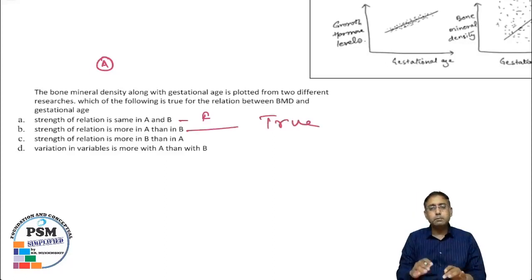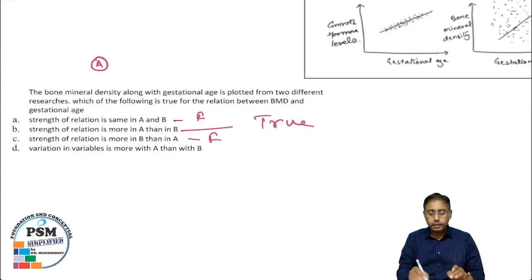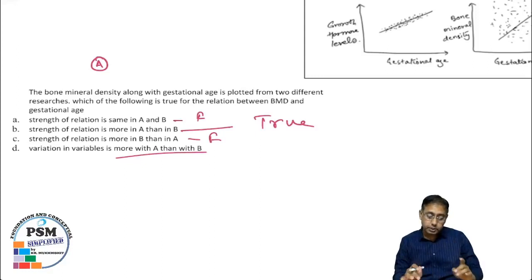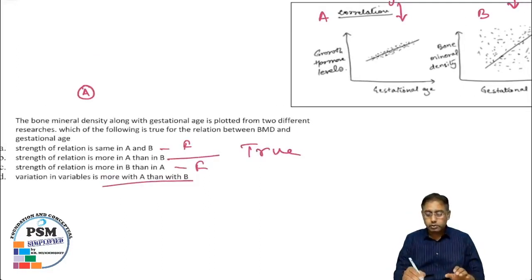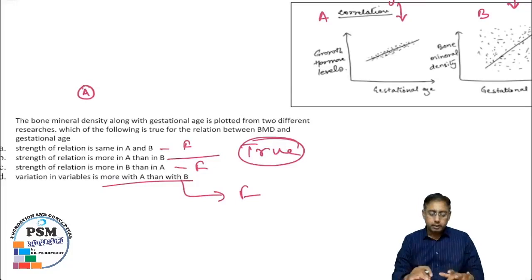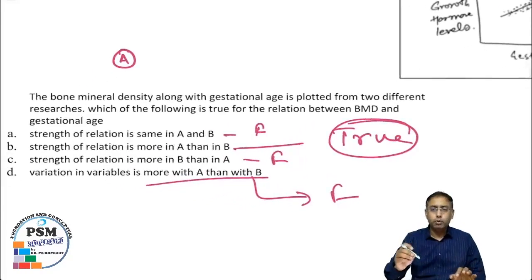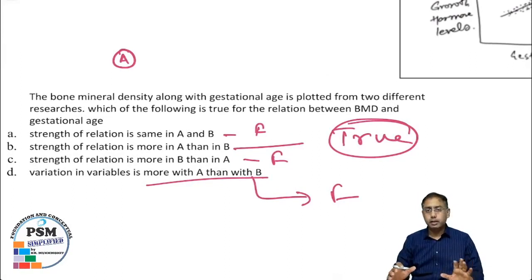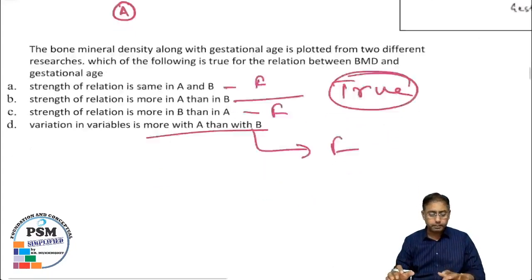Strength of relation is more in B. Of course, this is false. Variation in variables is more with A. No, it was less with A. So this also is false. So the true answer would be that the strength of relation is more in A as compared to B.